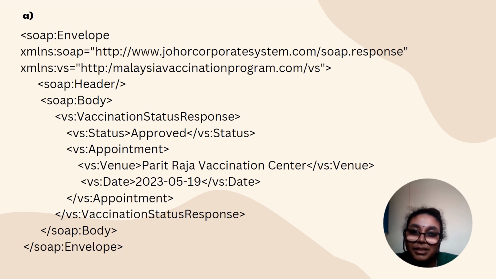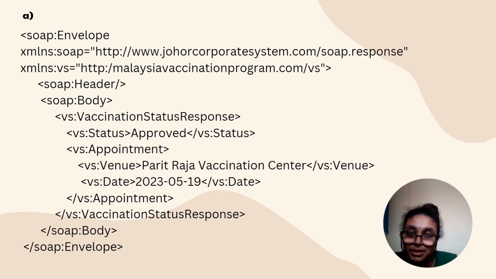After opening the venue tag, we mention the venue of the vaccination place, which is Parit Raja Vaccination Center. After that, we mention the close tag of the venue tag. Then we move on to the date opening tag, with the date in the format of year, month, and date, and close it with the close tag of the date.